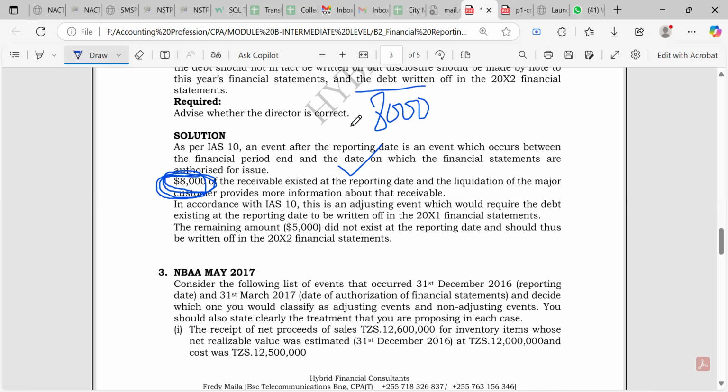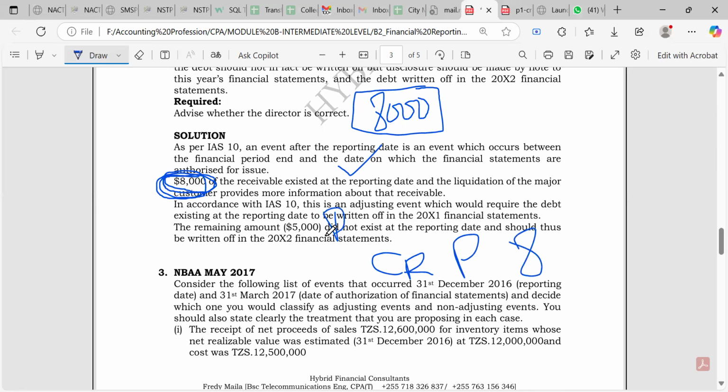And this indicates that by the year end we would have foreseen that this customer isn't well, and we should make a huge provision. A provision is of a credit nature, a provision for bad debts. Let's say you could have a provision of 8,000.